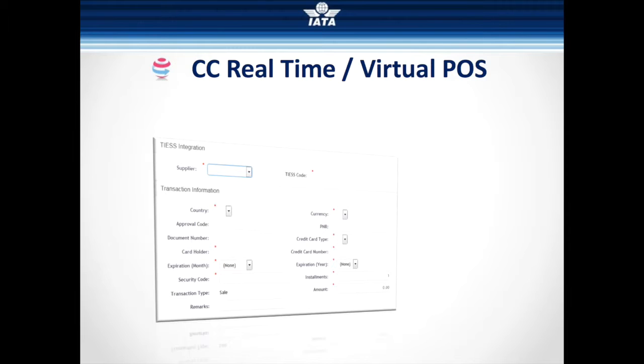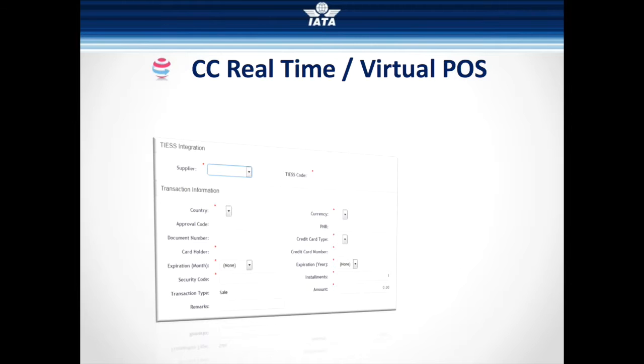So if a travel agency has a selling portal and they want to use us as their gateway, we can provide them with a messaging communication standard so they can approve and capture the credit card billing form of payment in real time. And we also have offline capture mechanisms that we provide for our customers.